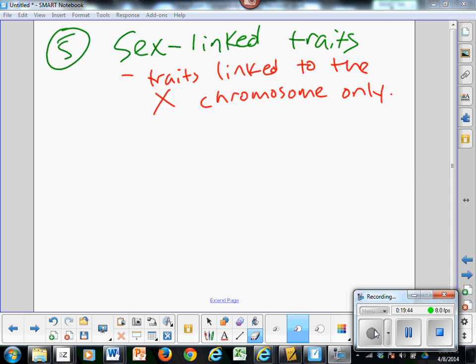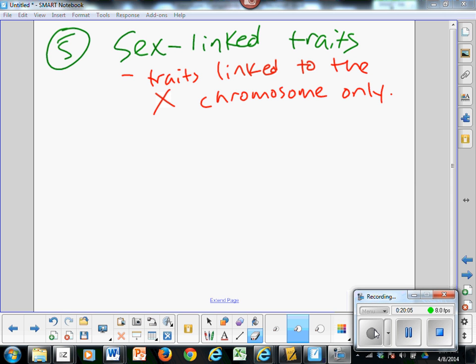Anyone ever wonder why there's not a whole lot of bald women running around? Like they actually have the bald gene? Have you ever heard that baldness comes from the mother's side?